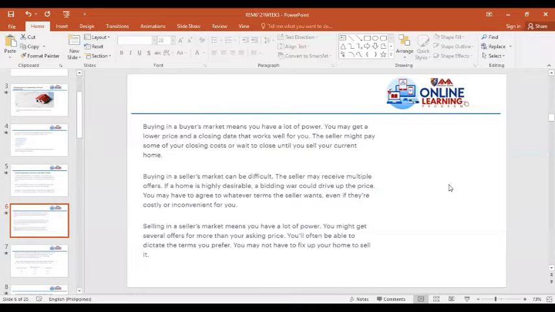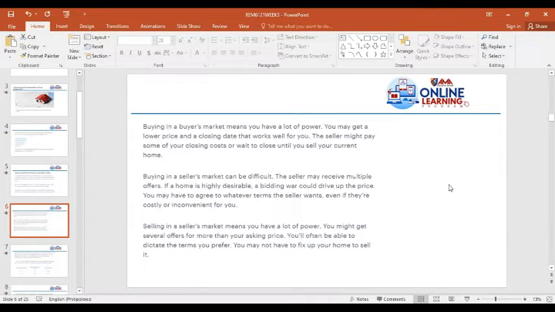Buying in a seller's market can be difficult. The seller may receive multiple offers if a home is highly desirable, so we have a bidding war to drive up the price. You may have to agree to whatever terms the seller wants, even if they are costly or inconvenient for you.